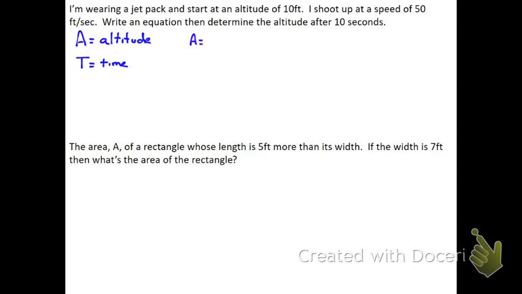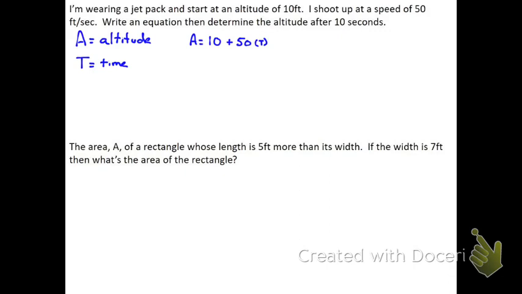I start at 10 feet, and then I add 50 feet per second. Okay, so 50, and then my variable T. Again, capital T, not to be confused with our addition sign.